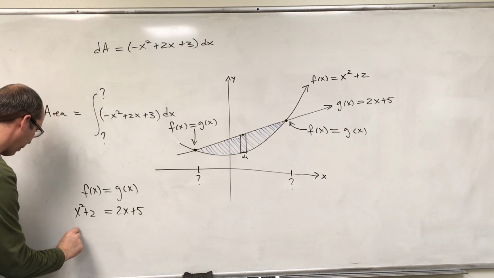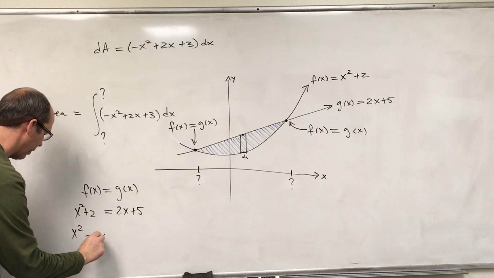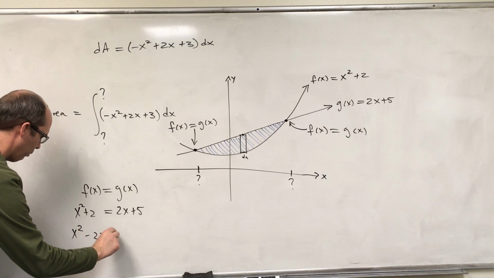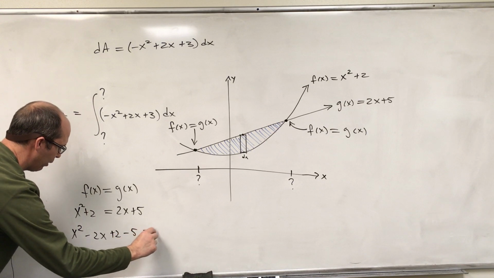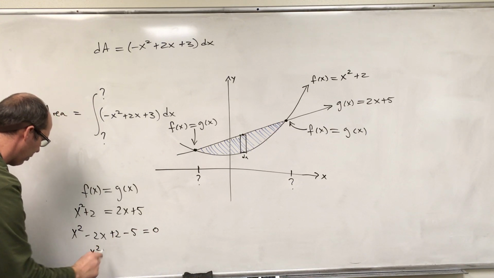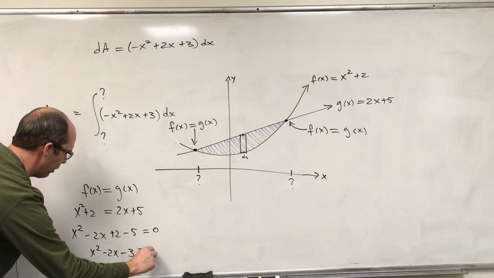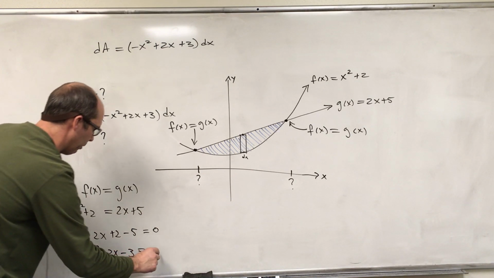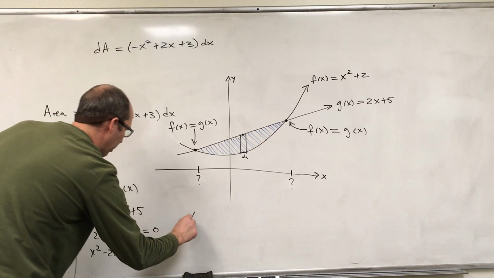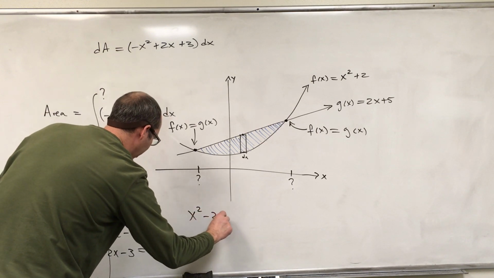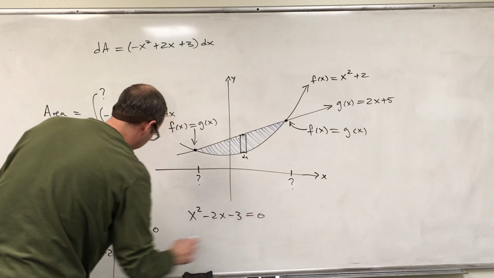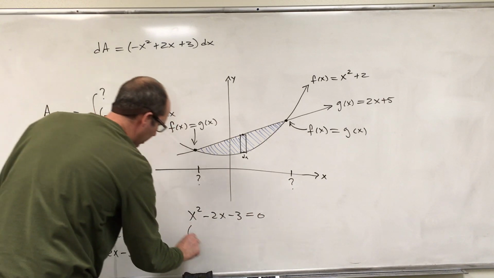Let's move everything over. x squared minus 2x plus 2 minus 5 equals 0. So we've got x squared minus 2x minus 3 equals 0. I just moved that over there so I could now do this factoring.